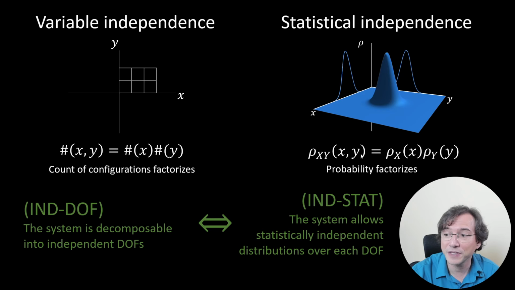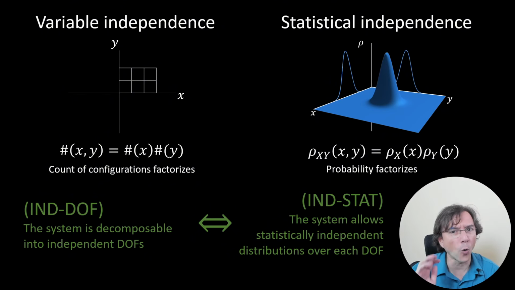So if you want this to factorize, this needs to be able to factorize too. So the idea that the system is decomposable into independent degrees of freedom is equivalent to saying that the system allows statistically independent distributions over each degree of freedom.